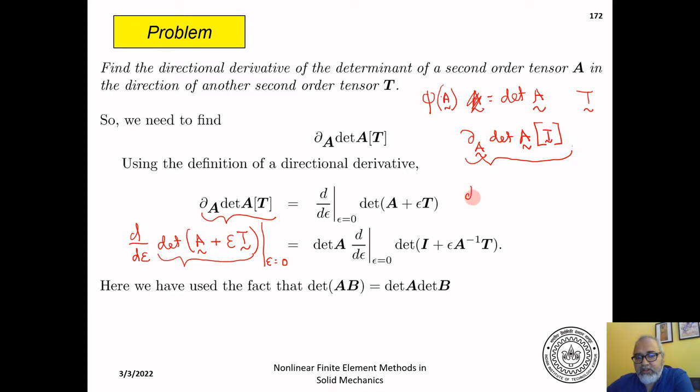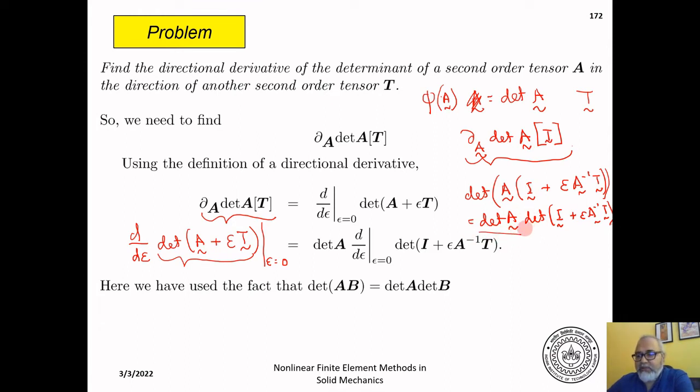We can write determinant of, we can take A common, and we will have I plus epsilon A inverse T inside, and then we can use the fact that determinant of A times B is determinant of A times determinant of B. So this will become determinant of A times determinant of I plus epsilon A inverse T. And then the d d epsilon, of course, does not apply to that A because it does not contain epsilon.